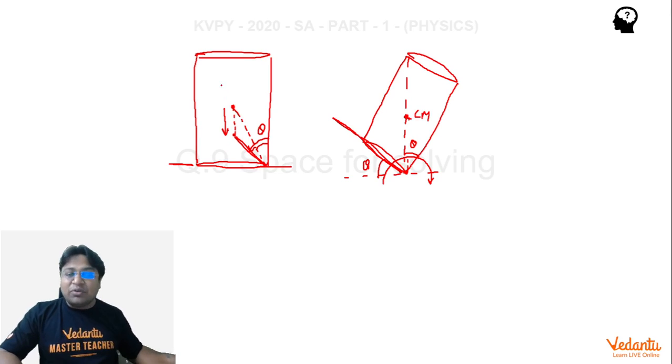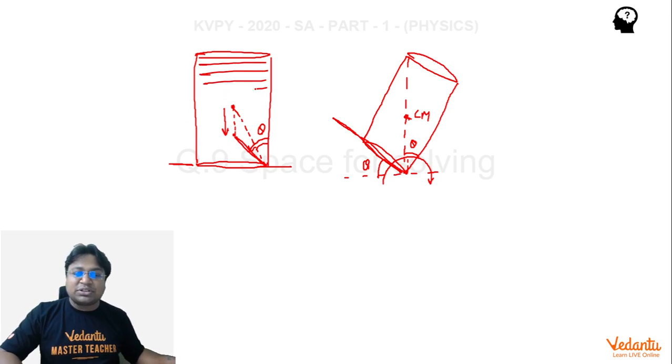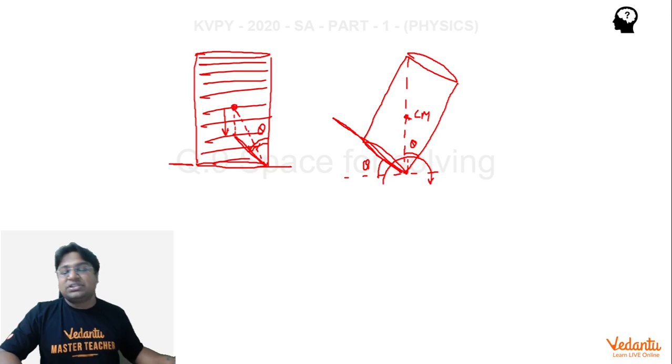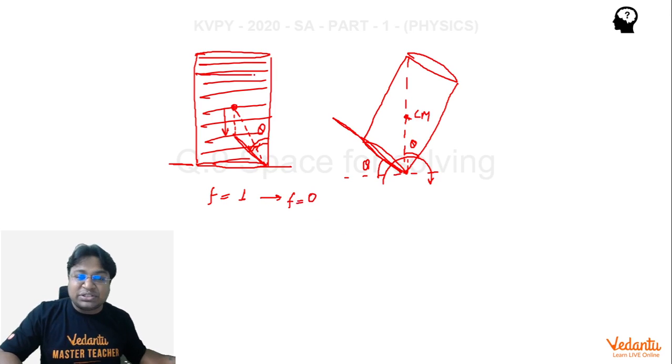Now imagine a situation when the bottle was completely filled. In this situation, the midpoint of the cylinder will act as the center of mass, right? Now, if we start decreasing the liquid in this bottle, if we start decreasing shampoo, that means we are changing F from 1 to a lower value. We are changing F from 1 and we are moving towards 0. So the amount of liquid is decreasing.